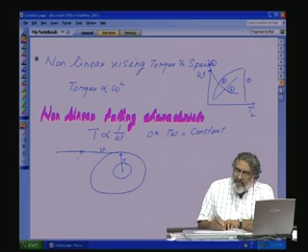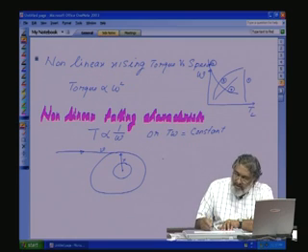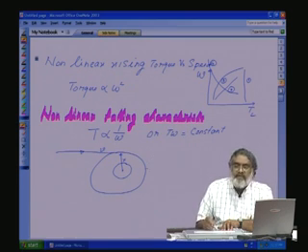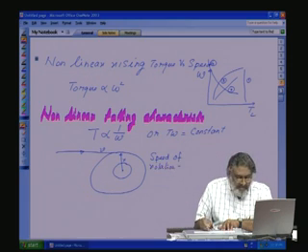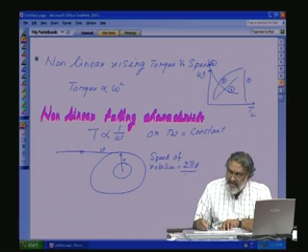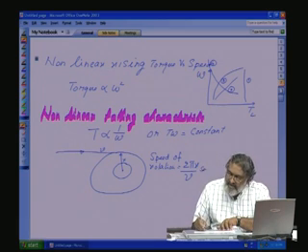Speed of rotation is distance divided by the time period. So the speed v is equal to 2 pi r divided by T, where T is the period in seconds.